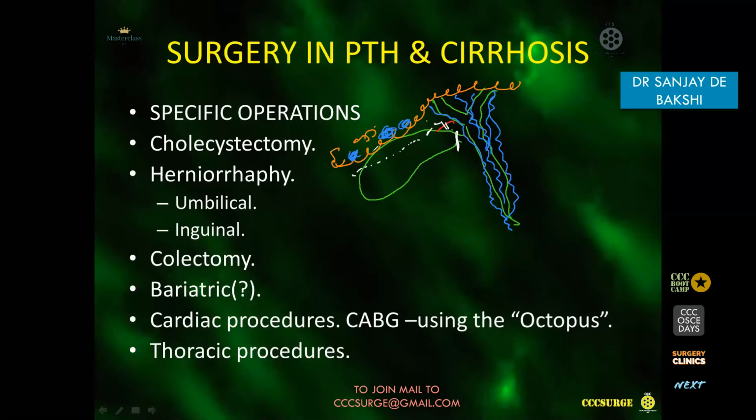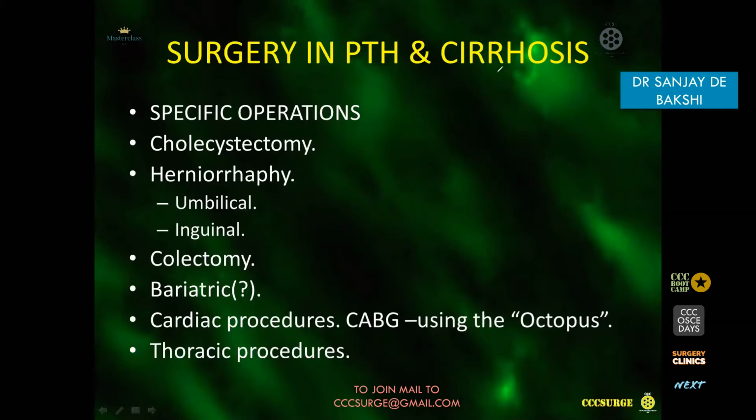So you don't dissect in this plane, which we normally follow, the gallbladder plate. You don't dissect the gallbladder plate because the plate is often destroyed completely, and you might end up opening a cavernoma and land up with torrential bleeding. So that's the problem of gallbladder surgery.